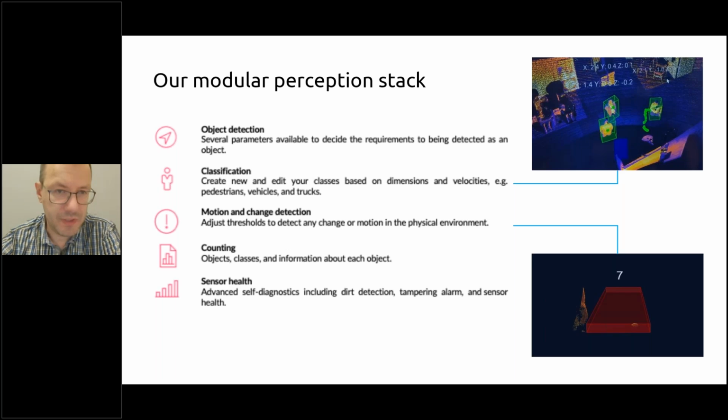Also, we are providing sensor health, where we are getting information from the sensor, but also analyzing the data from the sensor, how the data is changing, and creating an additional overview of the system, where we can monitor how many points there have been overall within a certain amount of time, and compare.